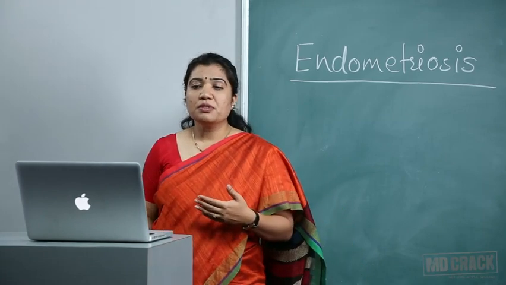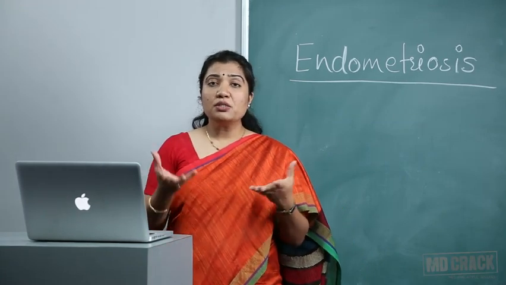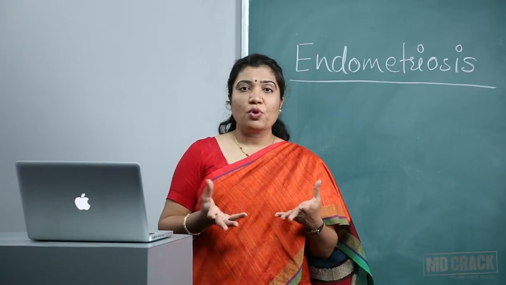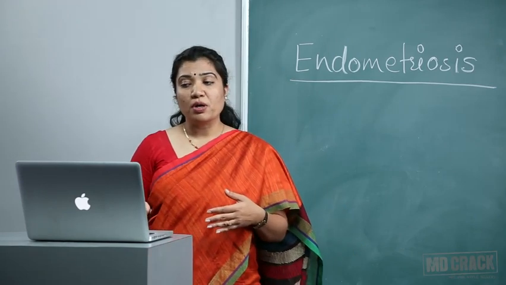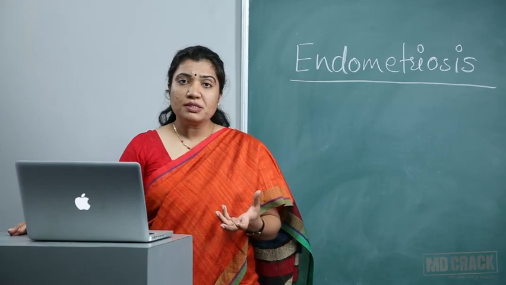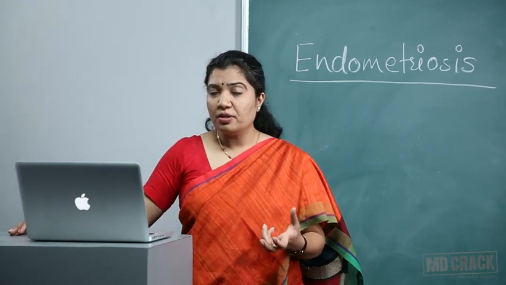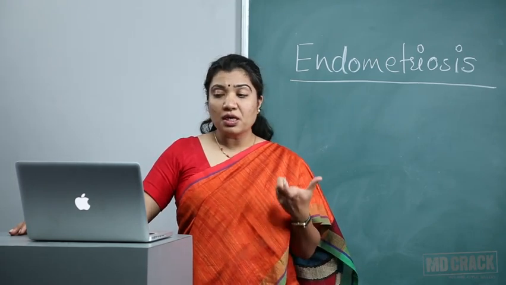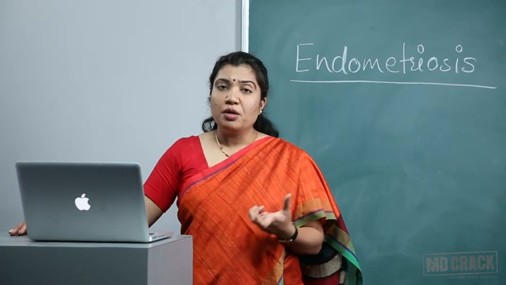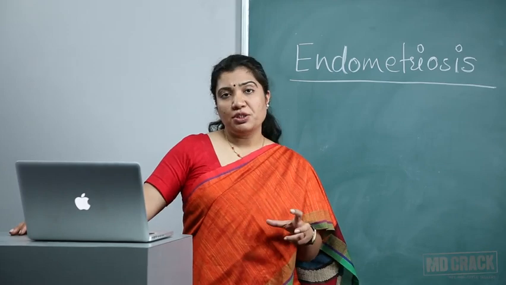In severe types, there can be bilateral chocolate cyst formation or endometrioma. Endometrioma is collection of tarry dark brown fluid. Please remember the color. It is tarry dark brown fluid because of hemosiderin pigmentation.